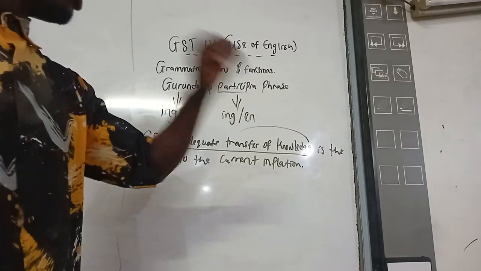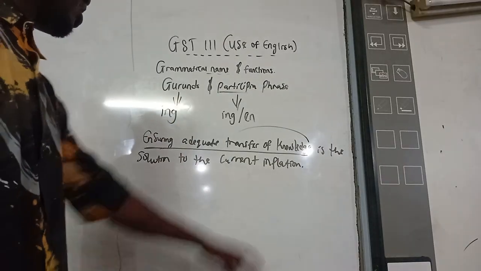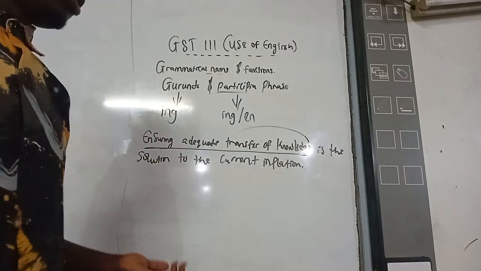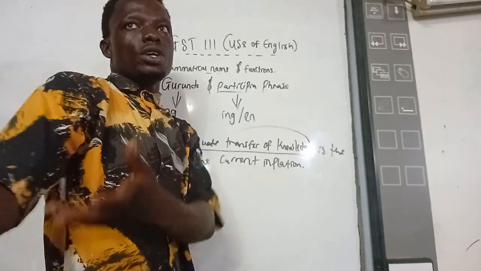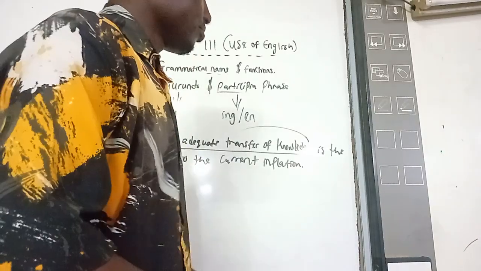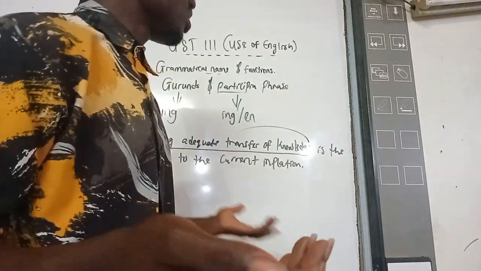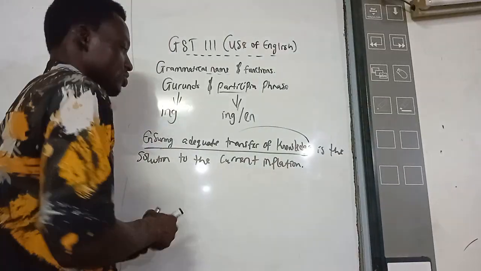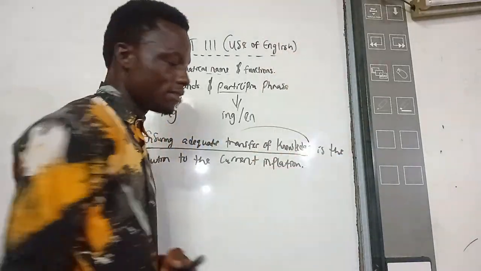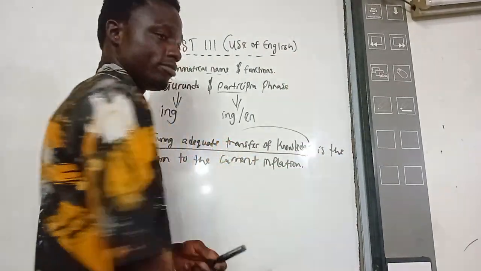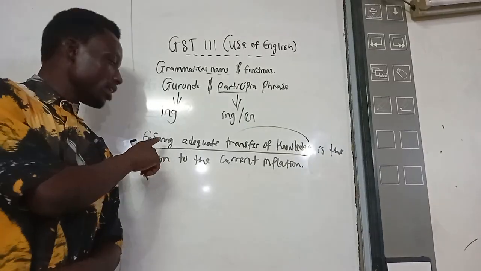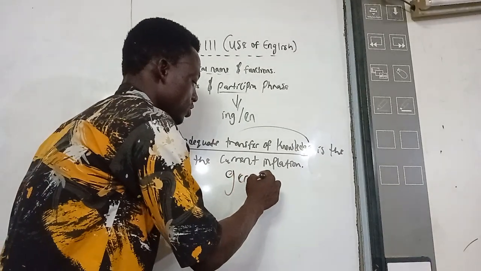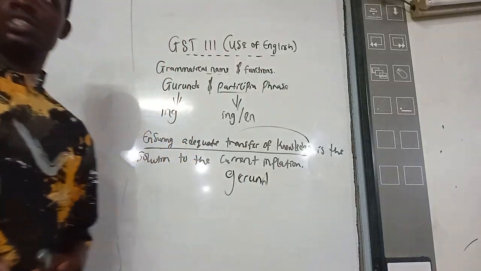It doesn't. So because this does not make sense, and there's no comma here, and we have ing ending the first word, we can conclude that this is a gerund. Do we get that?